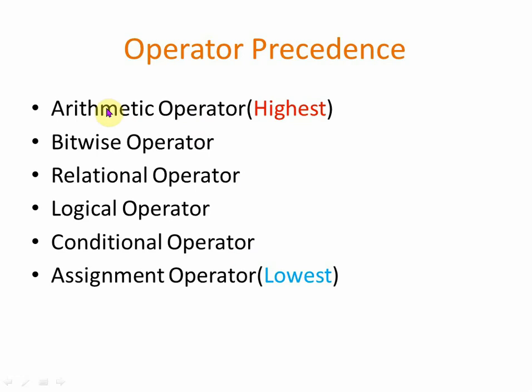There are basically six types of operators in a programming language. First is arithmetic operators, then bitwise operators, relational operators, logical operators, conditional operators, and finally assignment operators. These operators have precedence.